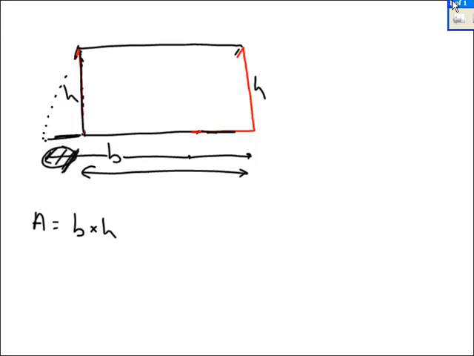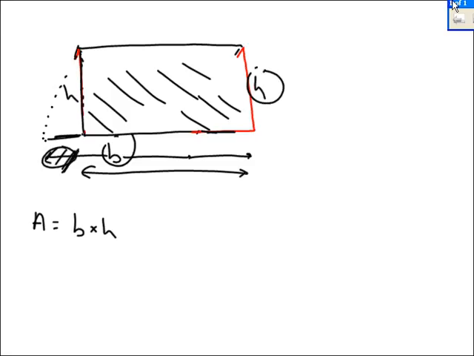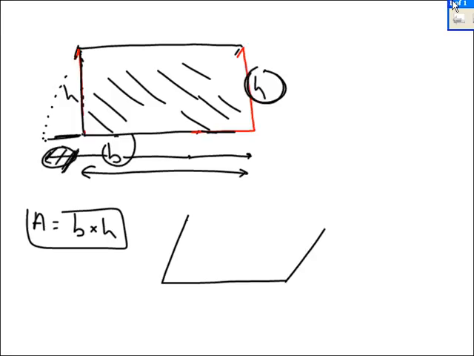It is a rectangle. And the area of a rectangle is base times height. Just like I said it would be. So if you have a parallelogram, and you have the base, and unfortunately this doesn't look too parallel, so let's take care of that.